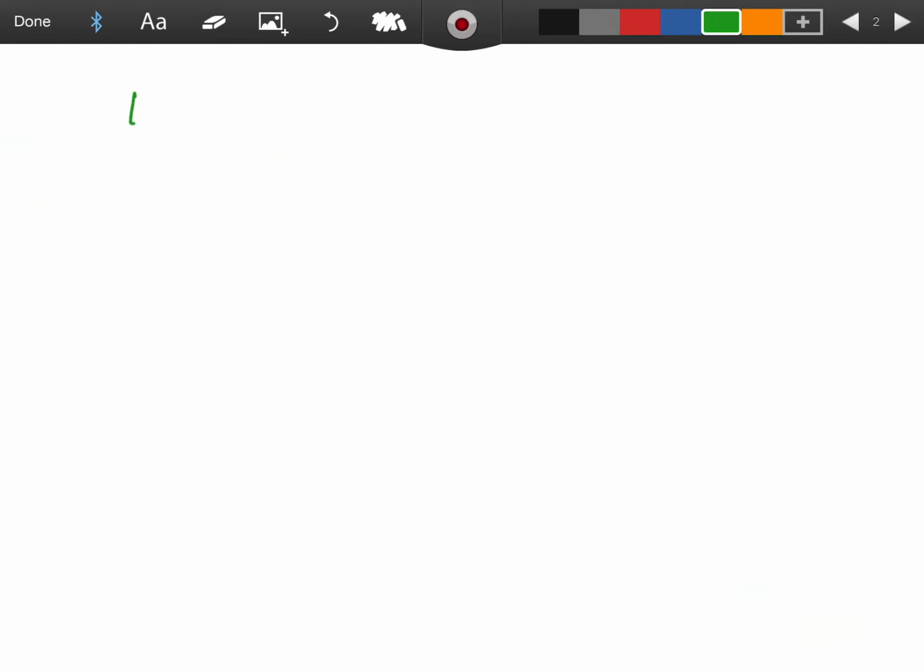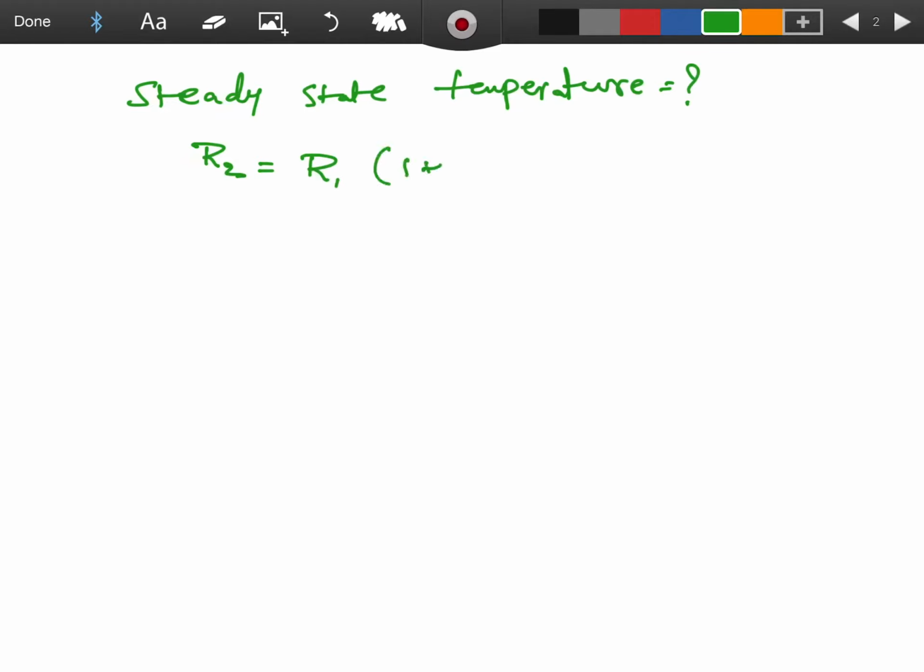They are asking to find the steady state temperature. I am going to use the temperature-resistance relation: R2 equals R1 into 1 plus alpha into T2 minus T1.